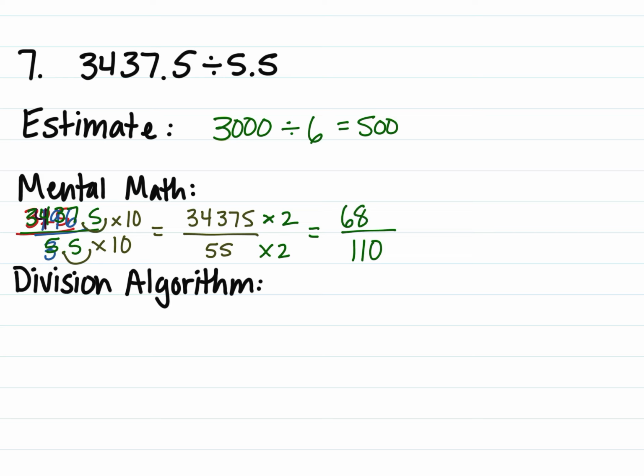And here I have 68,750. You can see 2 sets of 34 is 68, and then 2 sets of 375 is 750. Now I can divide out a 0, and I have 6,875 divided by 11. So we're going to take that down to the division algorithm piece.